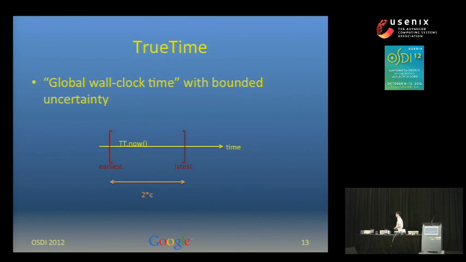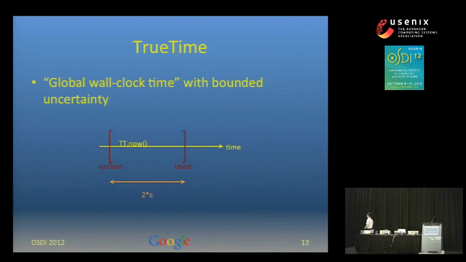And I'll describe the implementation of TrueTime a bit later in the talk. What I want to get to now is the API. And the API is simple. TrueTime is a global wall clock time that reflects uncertainty in the clock. And it reflects that uncertainty in the form of an interval that bounds the absolute time at which you executed the now call.